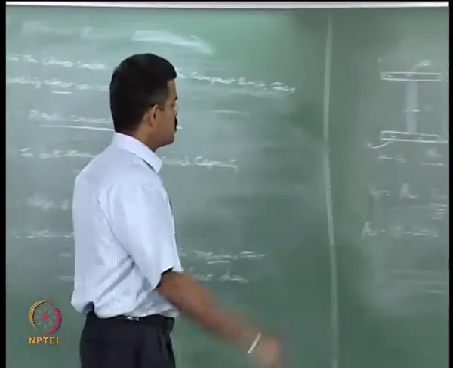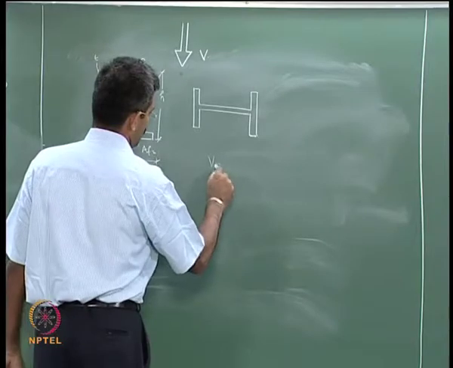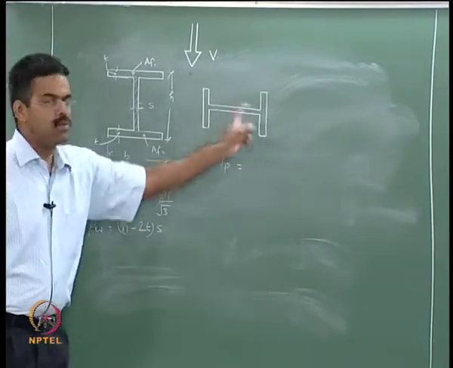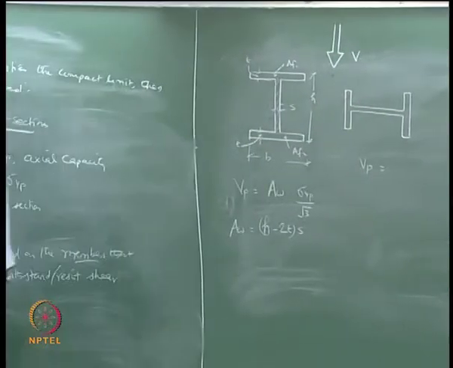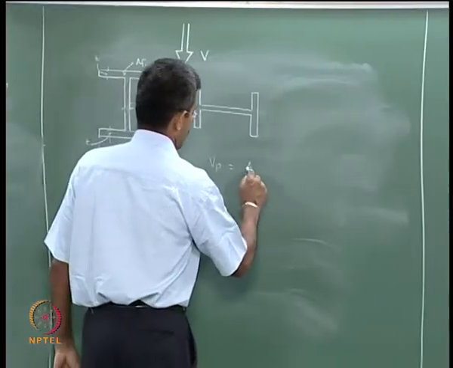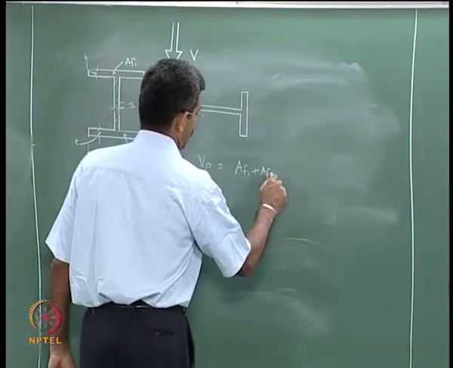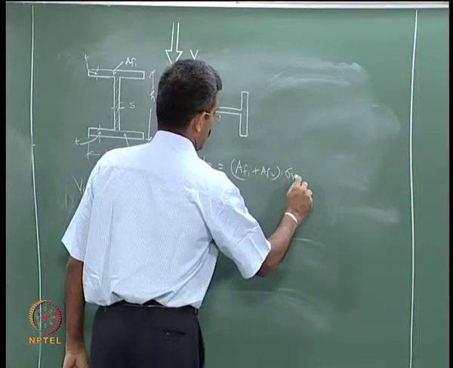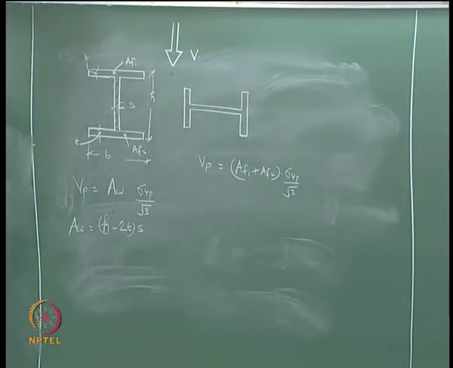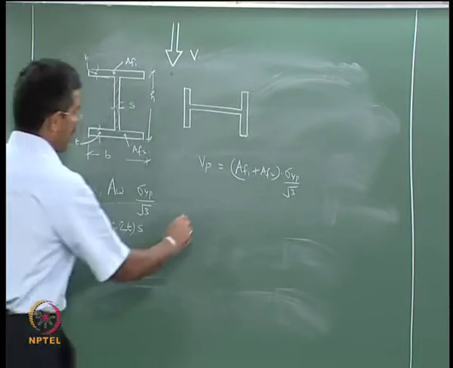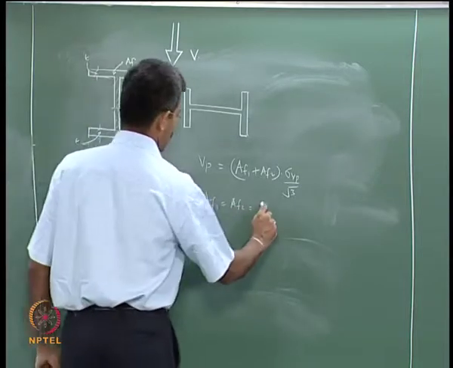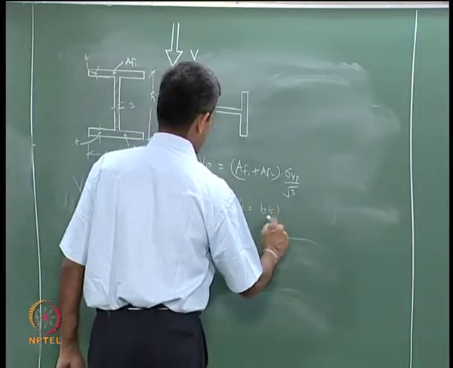So, let us look at Vp for this problem. I would obviously ignore the web now and consider only the flanges. So, I should simply say AF1 plus AF2 of sigma Yp by root over 3, that is my Vp, whereas AF1 is also equal to AF2 in this case, which is nothing but B into 2.